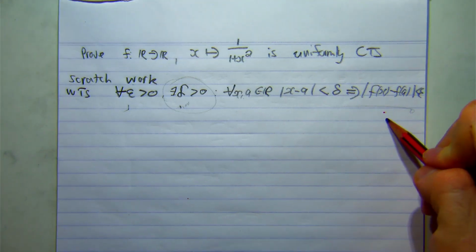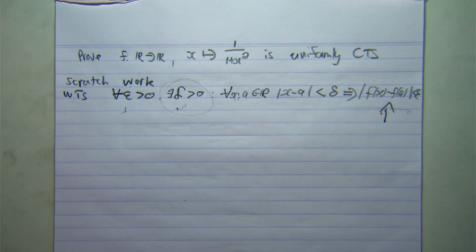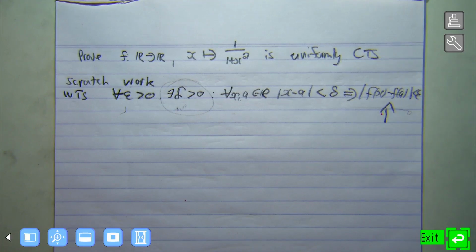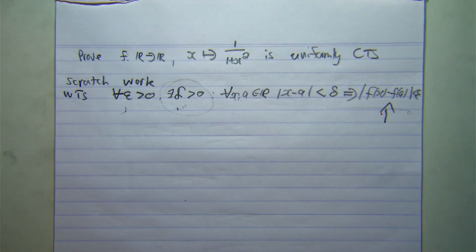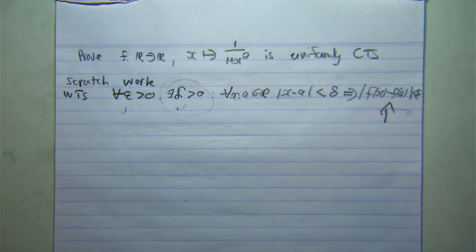So we need to focus our attention on this and basically assume that this whole definition is holding, and then work backwards to find out the delta that we need to ensure that this is holding.